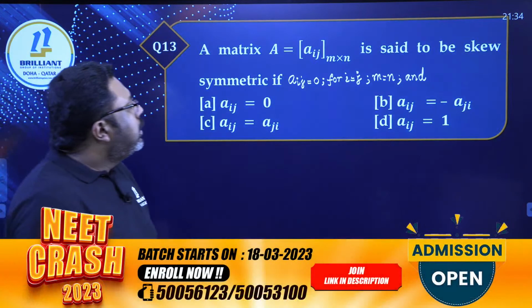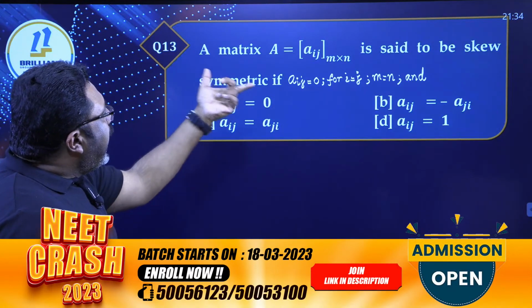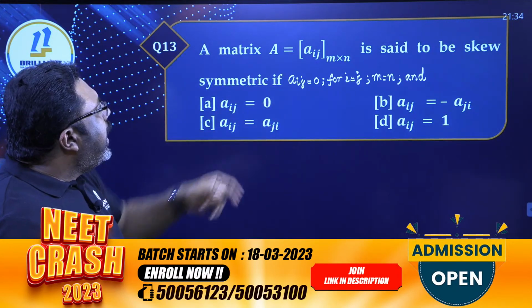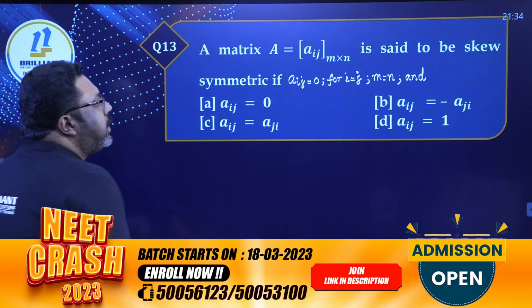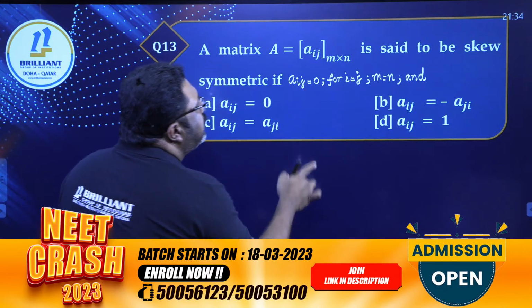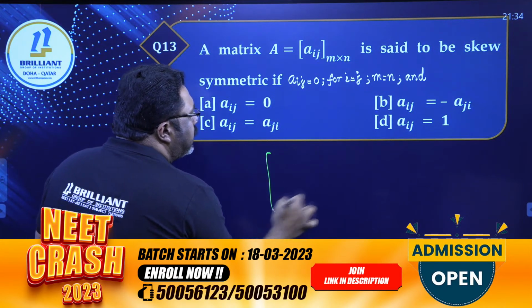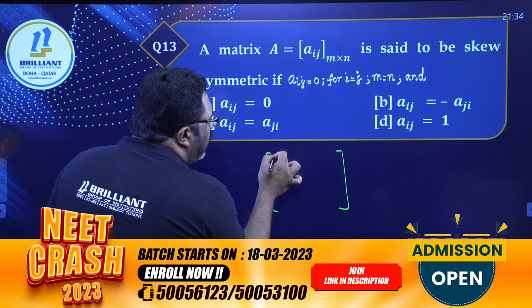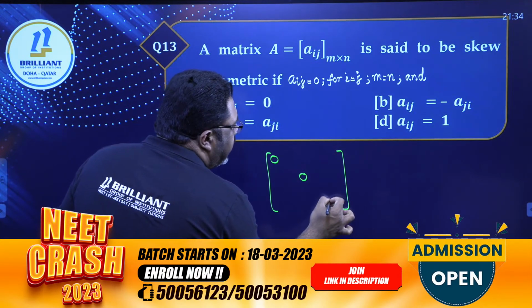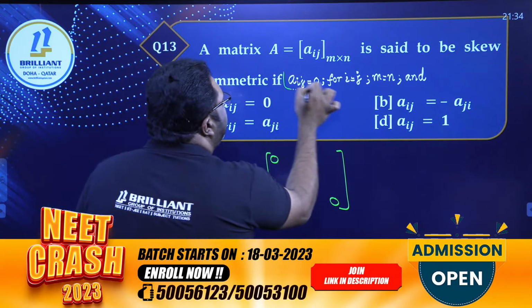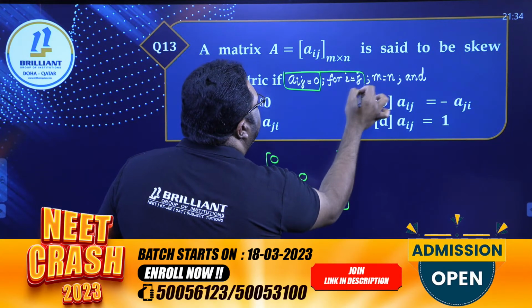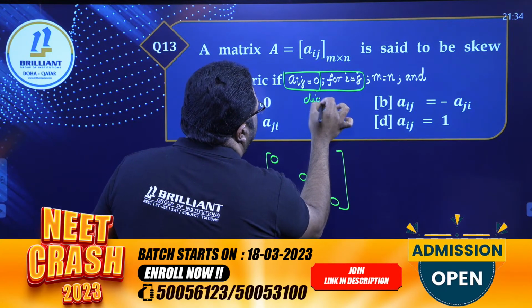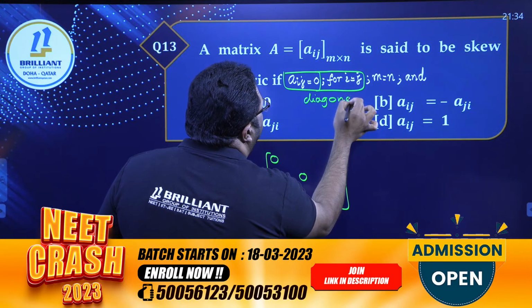Question number 13. It's given to us that A equal to Aij, M by N, is a skew-symmetric matrix if Aij equal to 0 for I equal to j, right? For I equal to j, Aij is 0. That's the diagonal. These two conditions say it's for a diagonal.